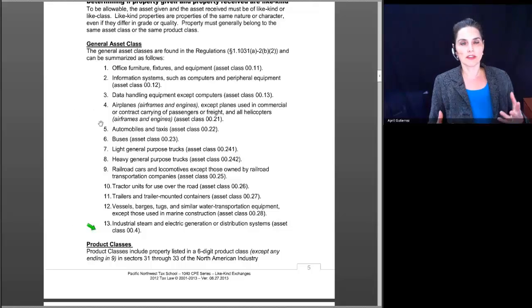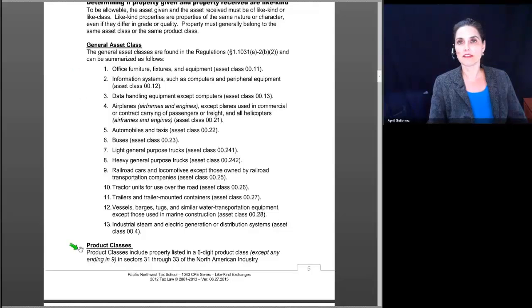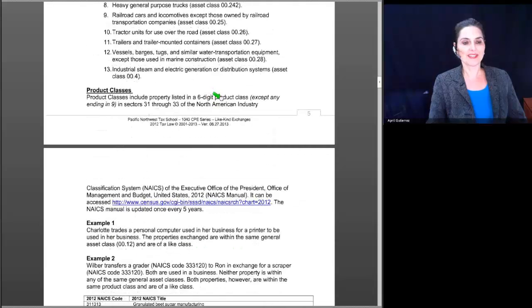If you are dealing with an exchange of property and you don't see that the property exchanged belongs to the same class, then you may not have a like-kind exchange. But you still could have a like-kind exchange if they belong to the same product class. So where do you go to find out if they belong to the same product class? Well, you go to the North American Industry Classification System, called NAICS.